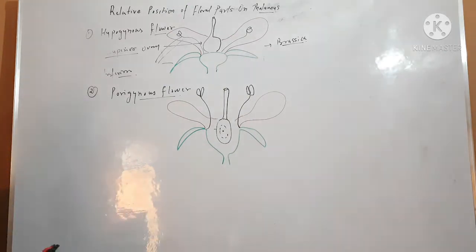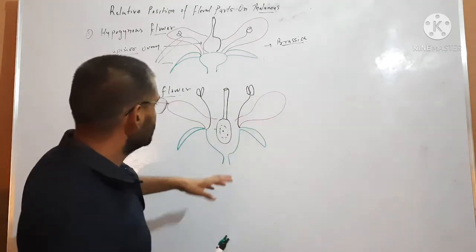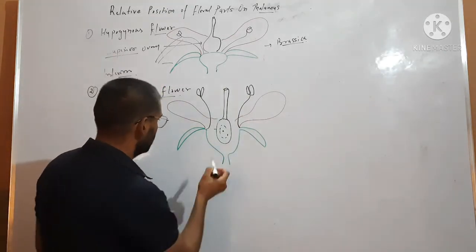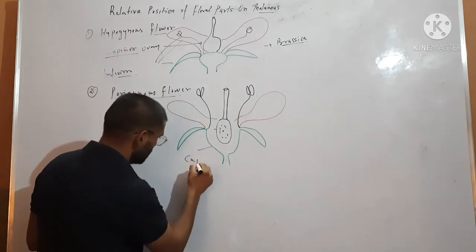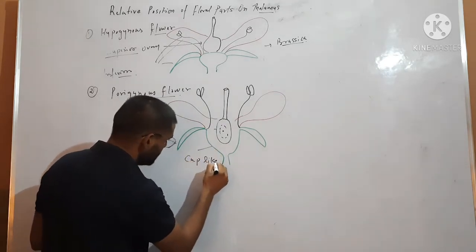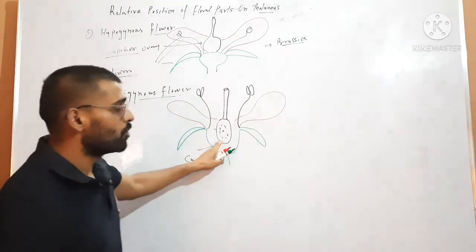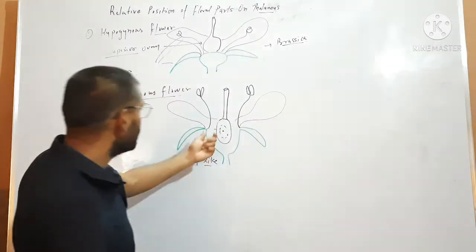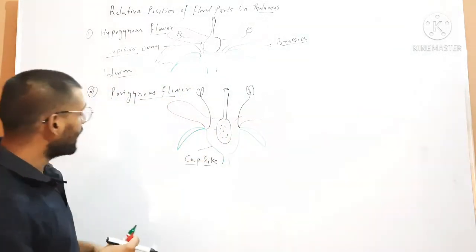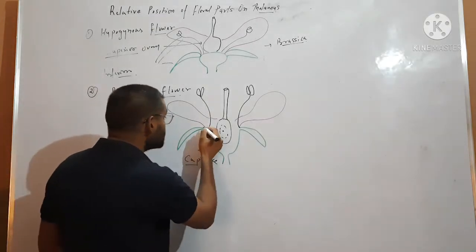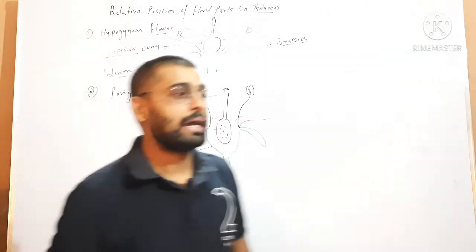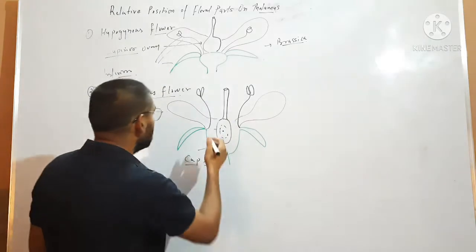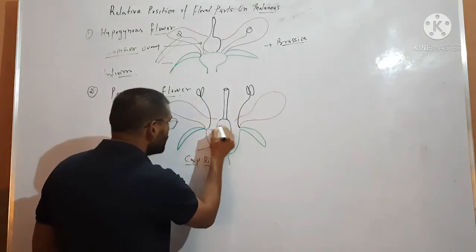Like this. So here you can see that the thalamus is cup-like, and in this cup-like thalamus, the ovary is present in the middle and other parts are inserted, or you can say arise from the midway of the ovary.